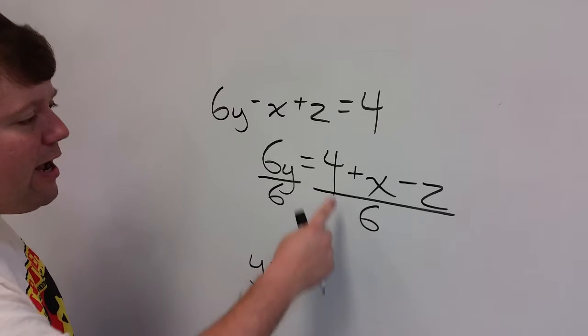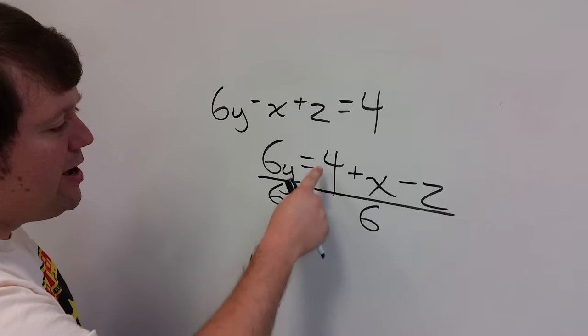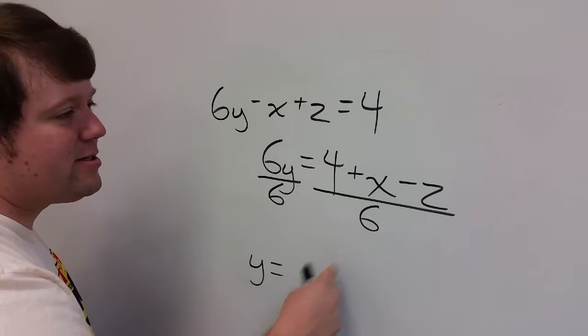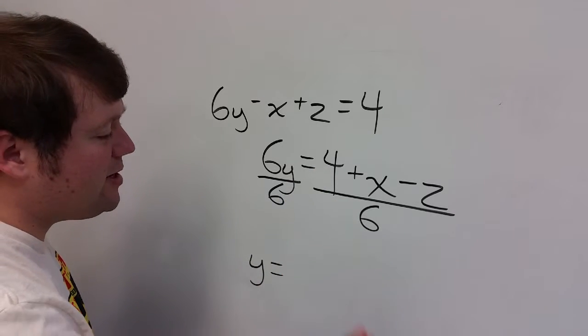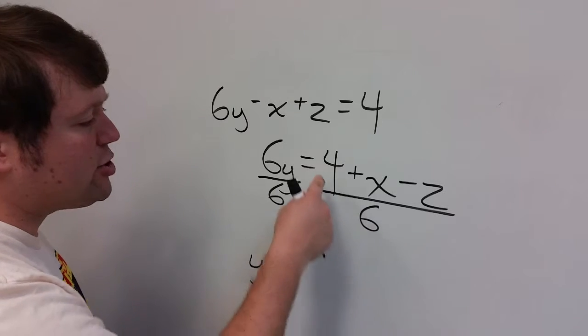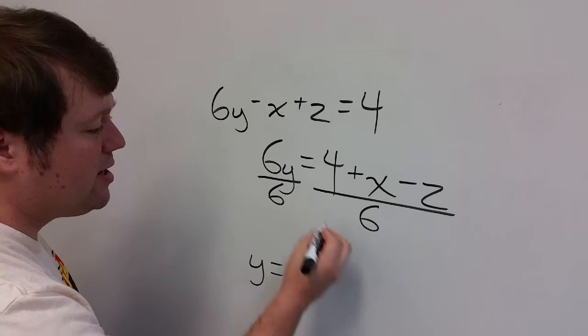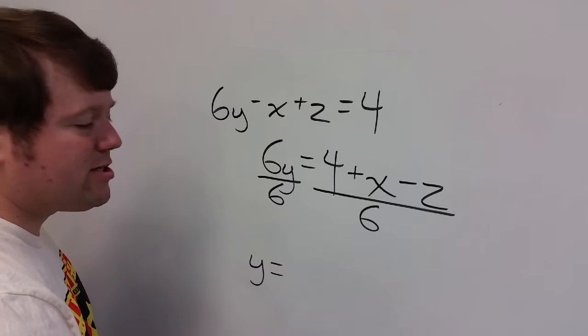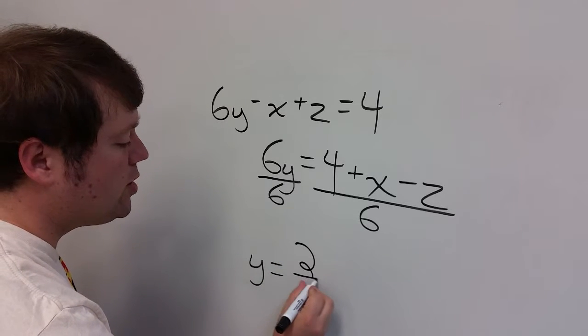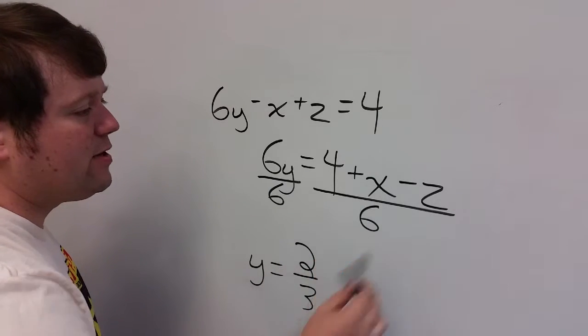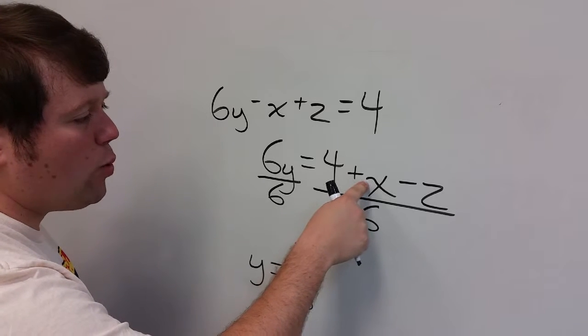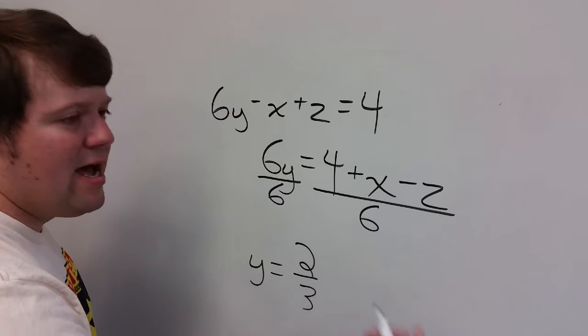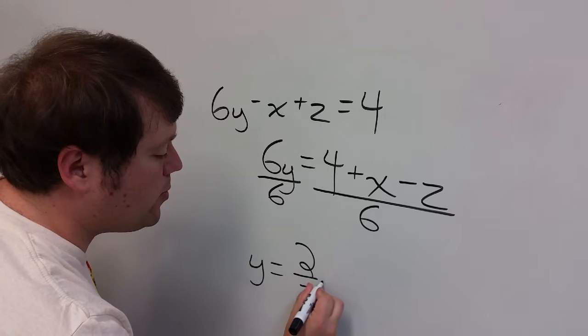And then over here, I have some interesting division going on. I've got 4 divided by 6. Now, since that doesn't divide evenly, I just make it a fraction, 4 over 6. Now, the fraction 4/6 I can reduce to 2/3. As for these other ones, I have plus 1x divided by 6. I can write that as a fraction also.